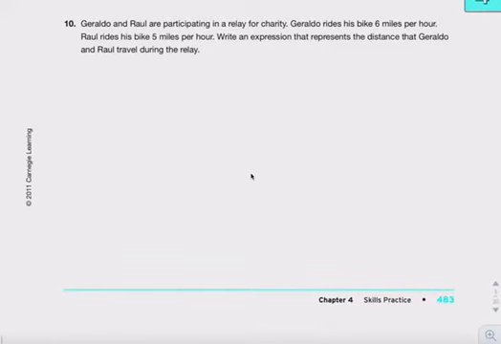Gerardo and Raul are participating in a rally for charity. Gerardo rides 6 miles per hour. Raul rides his bike 5 miles per hour. Write an expression, without an equal sign, that represents the distance that Gerardo and Raul travel during the relay.